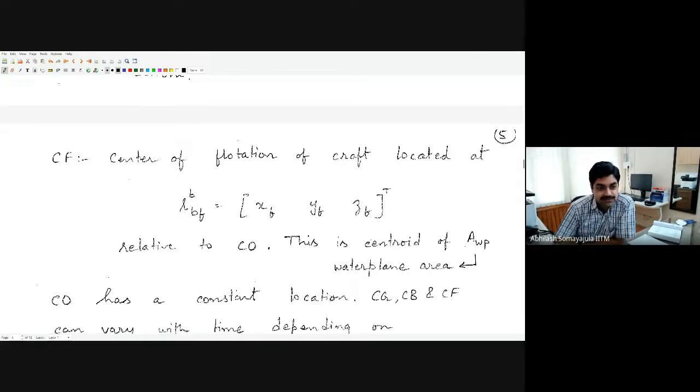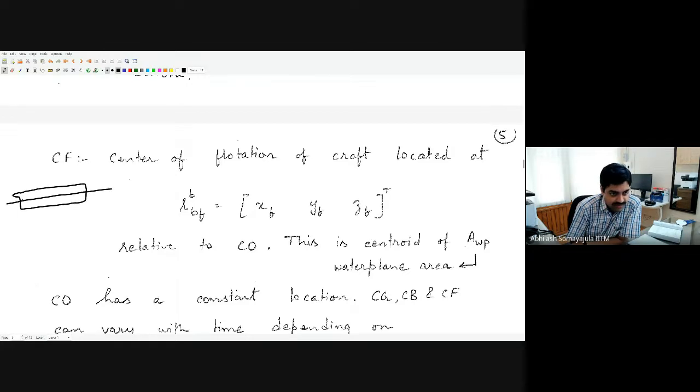Okay, the next reference point which we are interested in is the center of flotation. If I take the water plane area of the craft, so if I see where the ship is floating, that is the water plane.